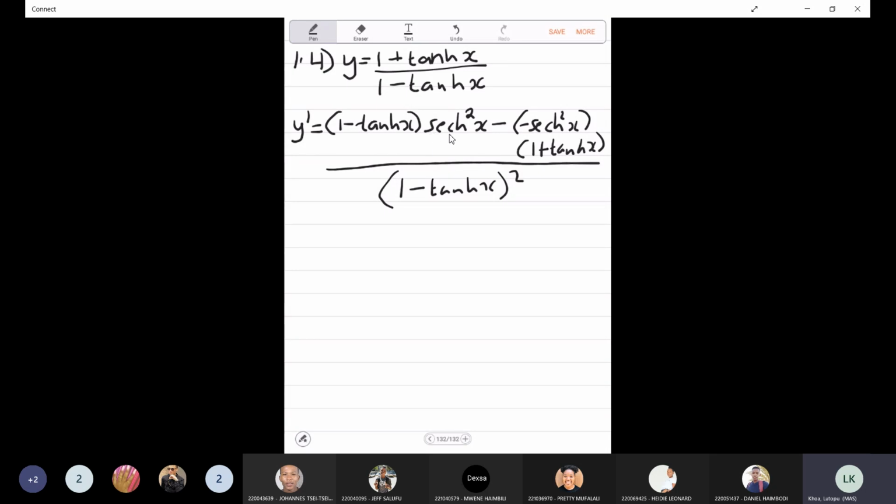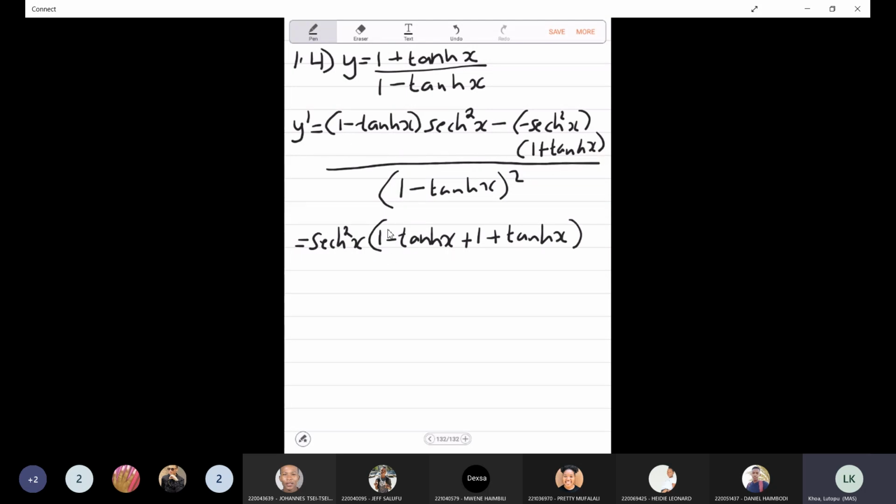Okay, so again here we can see negative and negative will make a positive. The first term has sech squared, the second one is sech squared, so we can factor that out. So this is sech squared, and we have 1 minus tanh of x. And remember, negative and negative here is positive, so I'm left with positive 1 plus tanh of x. So plus 1 plus tanh of x. So I just factored out the brackets.